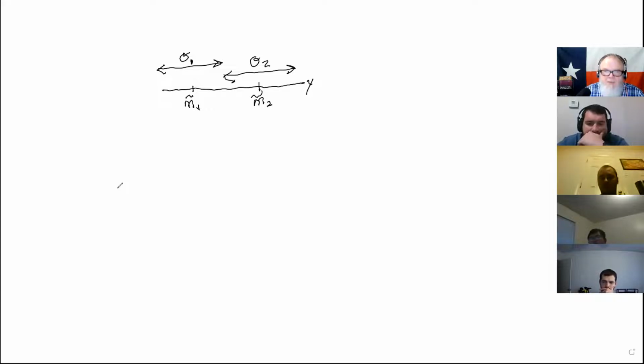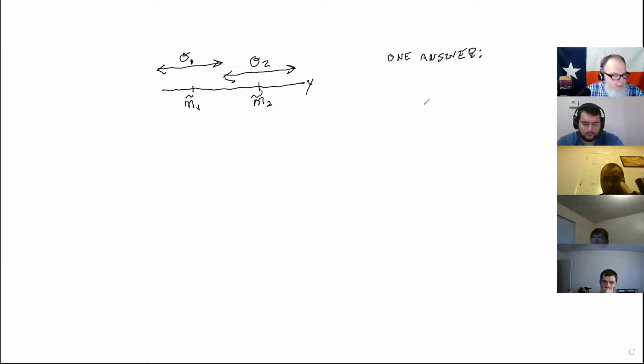So Fisher's answer was to look at the difference between the two means and then divide by the standard deviation.